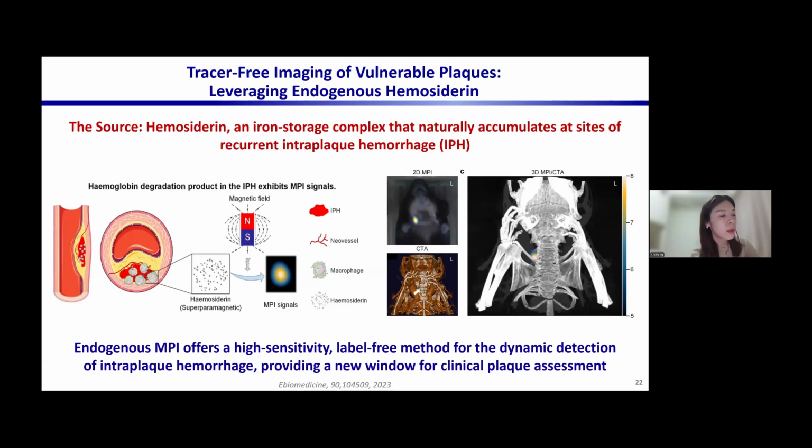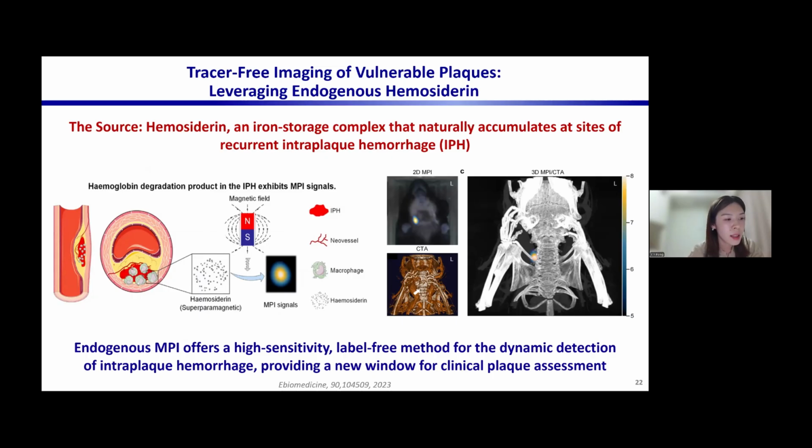While all the previous studies were based on exogenous probes, we also made a discovery in another vascular study: there is actually endogenous MPI signal within plaques that have undergone recurrent hemorrhage.